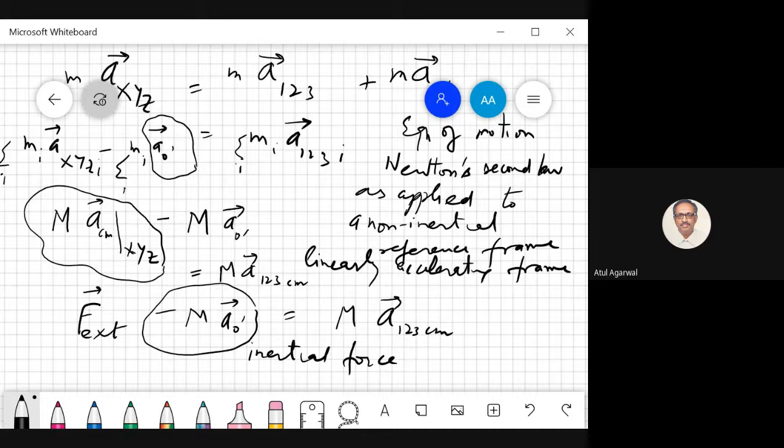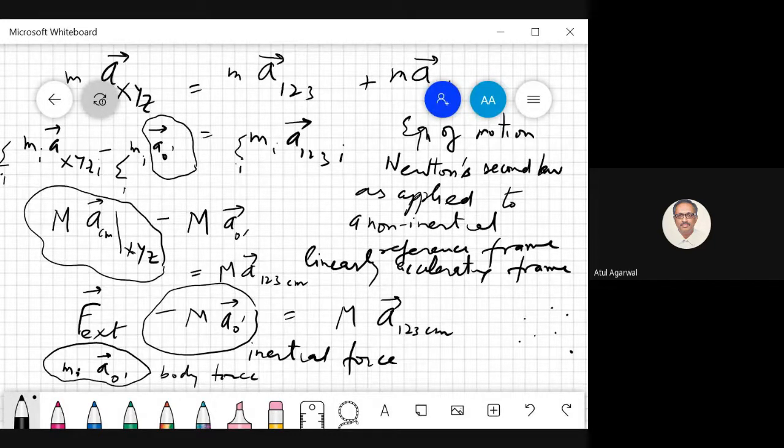So on each particle of the body, you apply a force equal to the mass of the particle and the acceleration of the origin. This force acts like a body force. You see, gravitational force acts on each particle of the body.